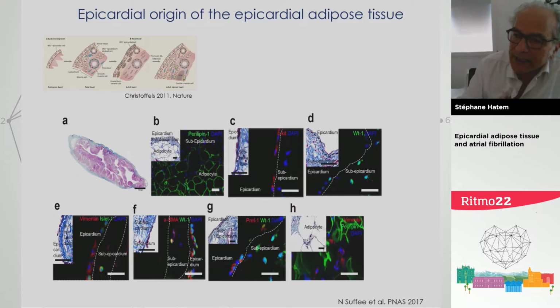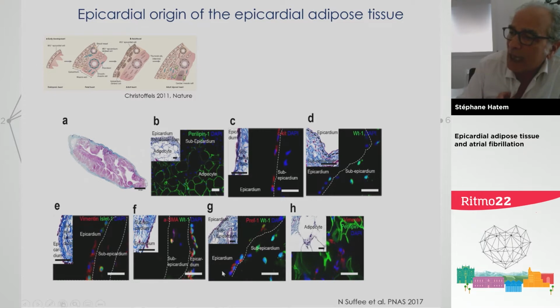On this slide, which is immunohistology from human atria, you can observe that on this epicardial layer, there are progenitor cells that are normally quiescent, not activated in the adult heart. But in some patients, you can have evidence for a recruitment of these cells that can then differentiate into different cell lines.